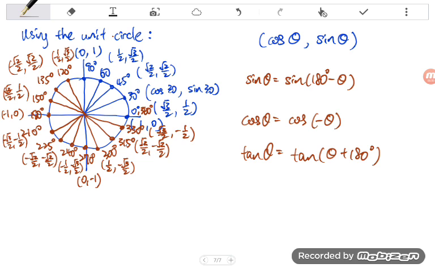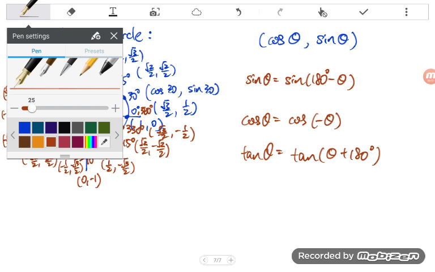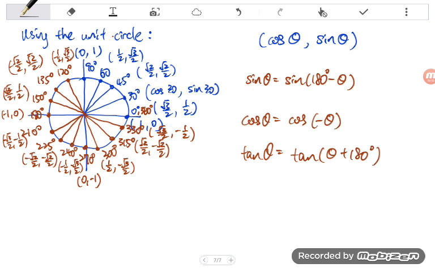Now, let's take a look at some examples. I'm going to change the color so that we can see the difference. Let's say I have sine of 45 degrees. If I take 180 minus 45, I will get 135. So is this equal to sine of 135? Let's take a look.